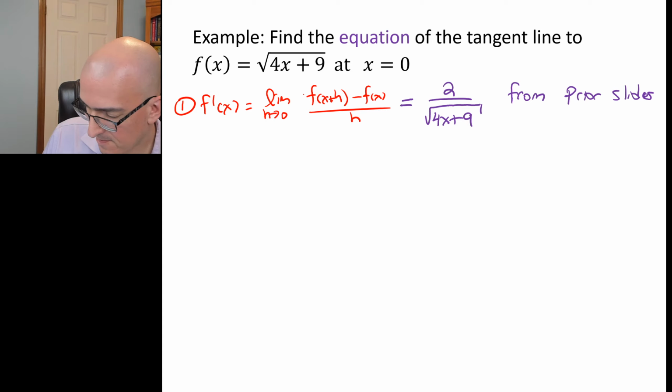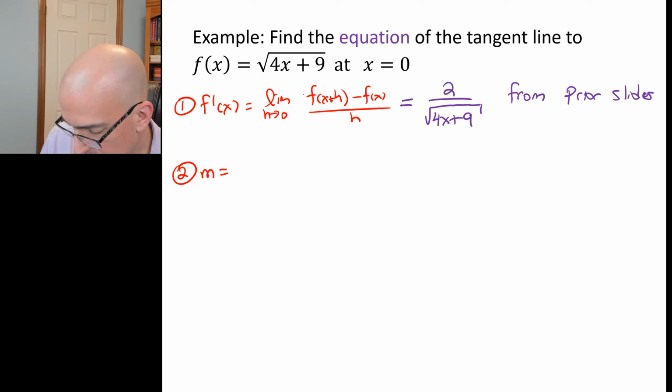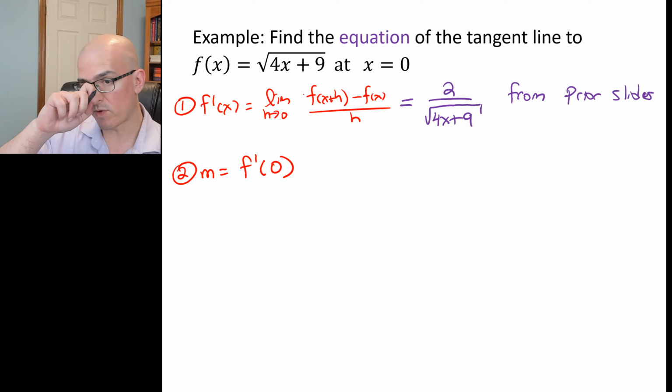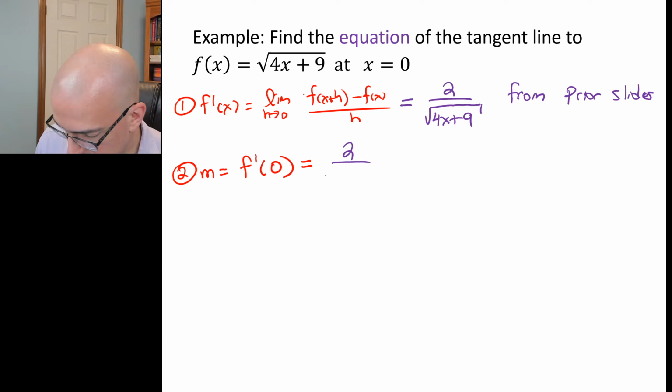Okay, step 2: m equals f prime evaluated at 0, since that is our x-coordinate of interest. So that's going to be 2 over the square root of 0 plus 9. So 2 over 3, since the square root of 9 is 3.